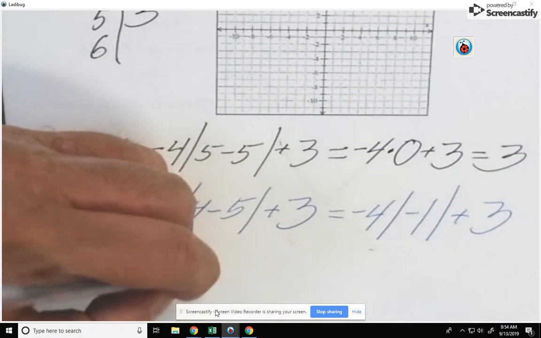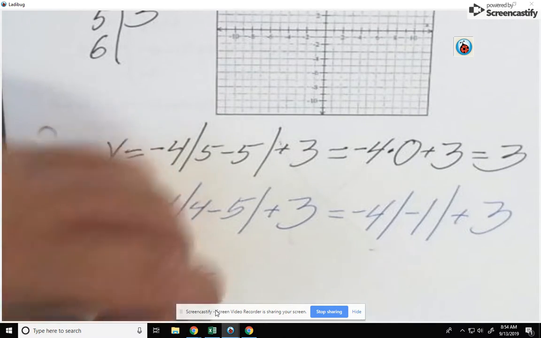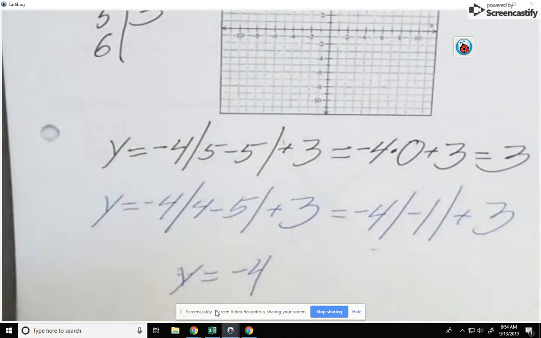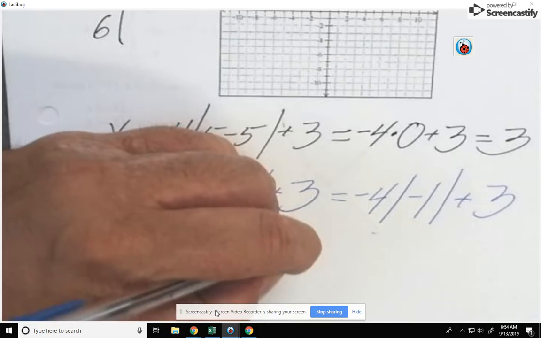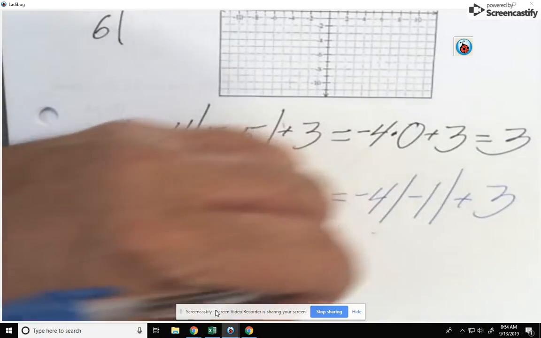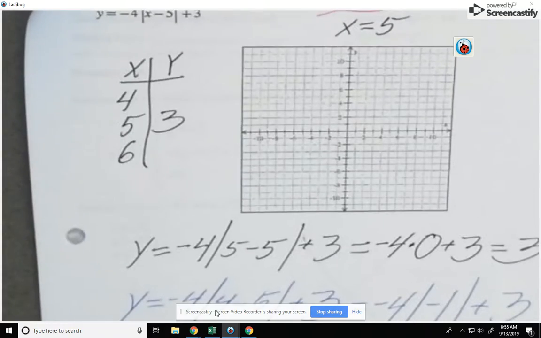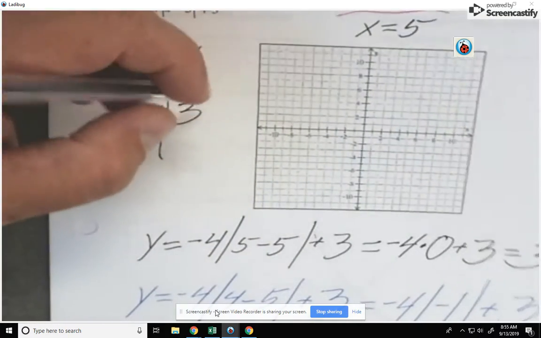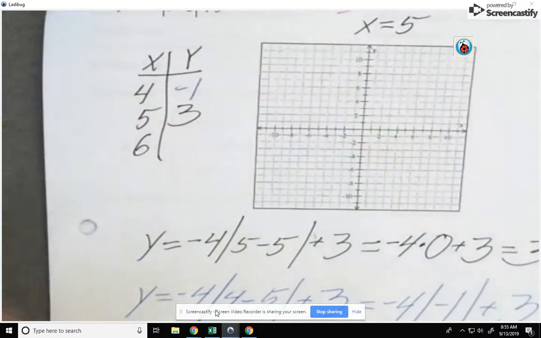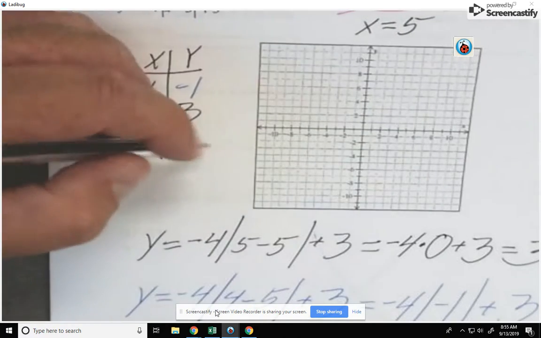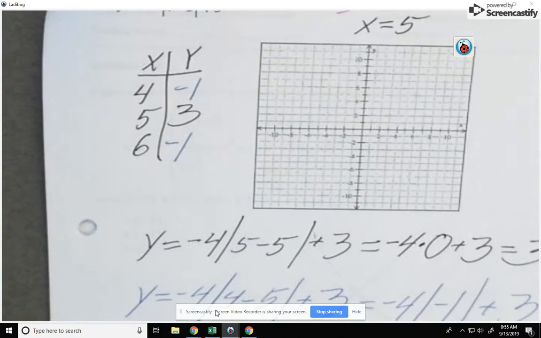That will then become negative 4 times 1 plus 3 to give me a final answer of negative 1. Therefore, my Y when X is 4 is negative 1. And then I know this point would also be negative 1.